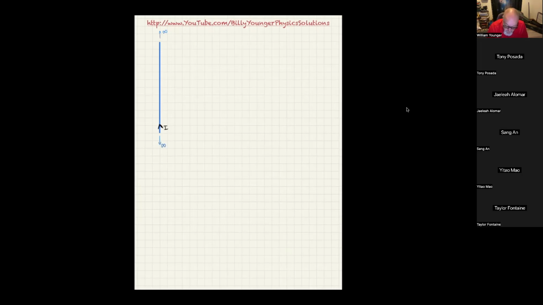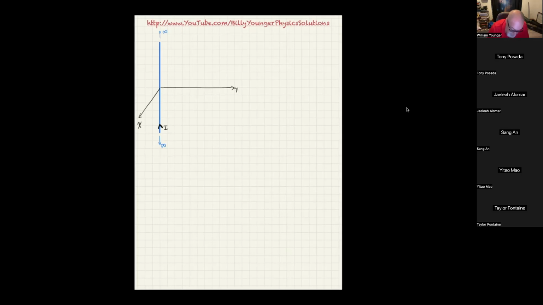And now I'm going to draw a coordinate system. Let's call this one the y-axis, and then coming out of the page will be the x-axis.